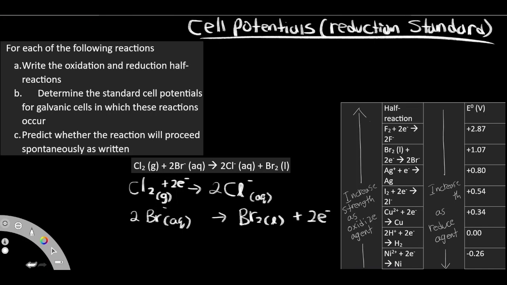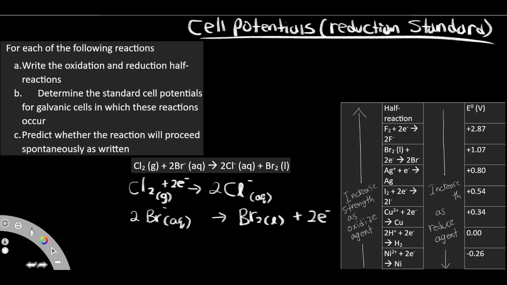Which one is being oxidized and which one is being reduced? Obviously this one here has received electrons, because it's on the reactant side. So this one here would be the reduction. It's not losing electrons. Obviously this one here is losing electrons, right?